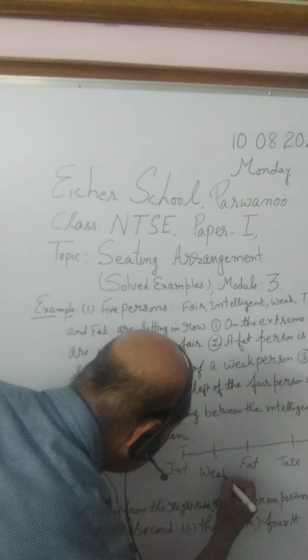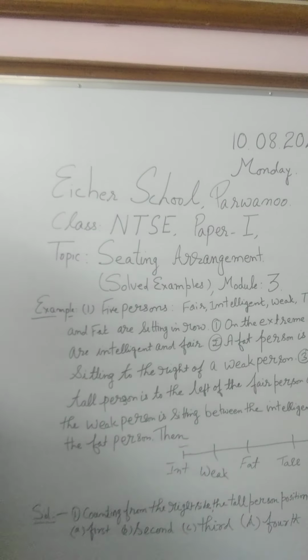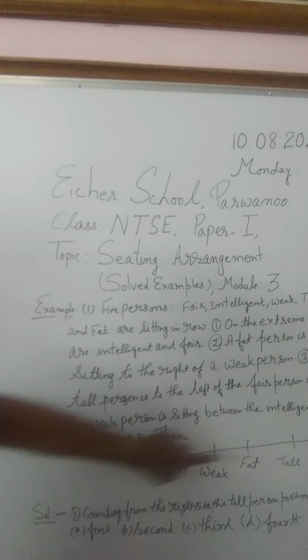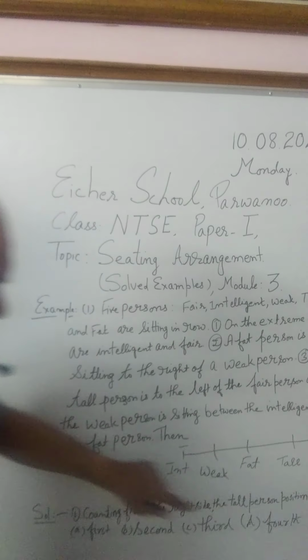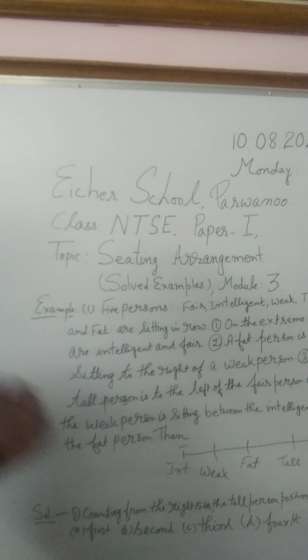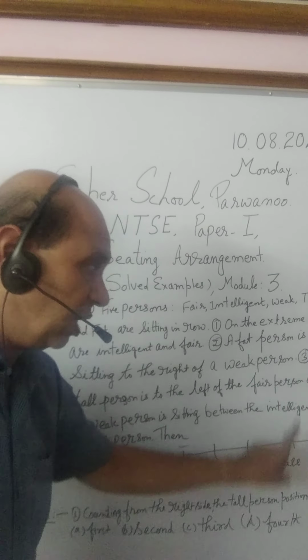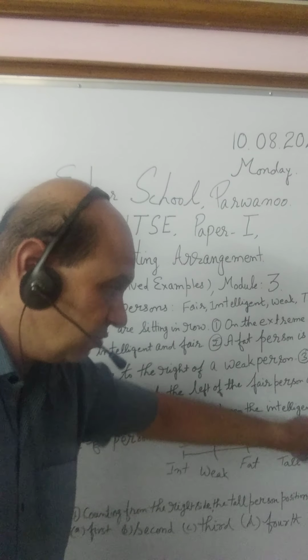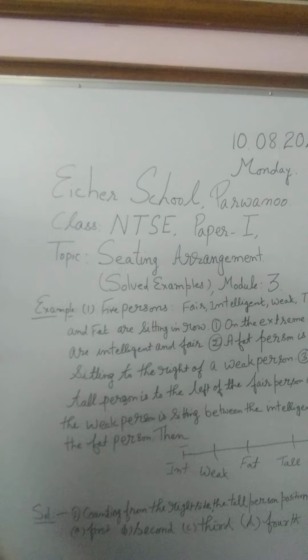So in this way we will complete the diagram of row or column arrangement. Because extreme conditions are satisfied, intelligent and fair person are at the end. Then he says that tall person is to the left of fair. So I have used these two things very carefully. Then the question is where the weak and fat person will be.